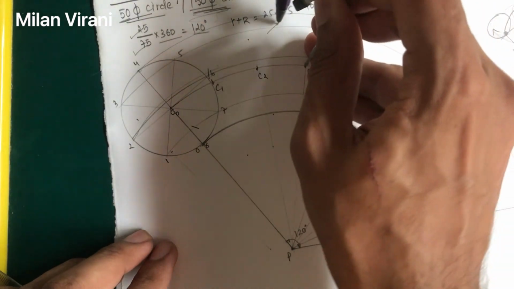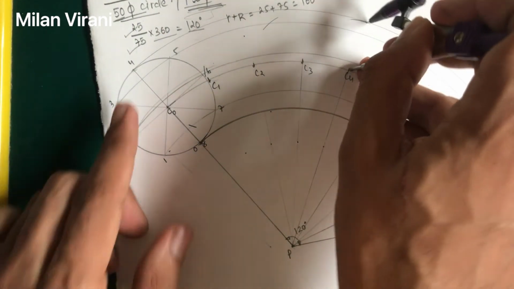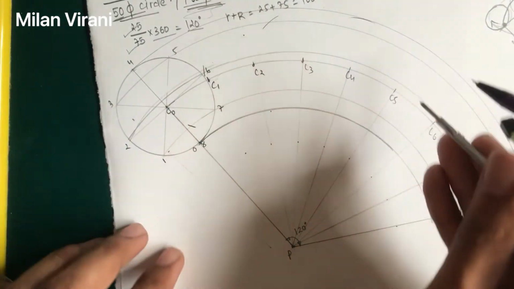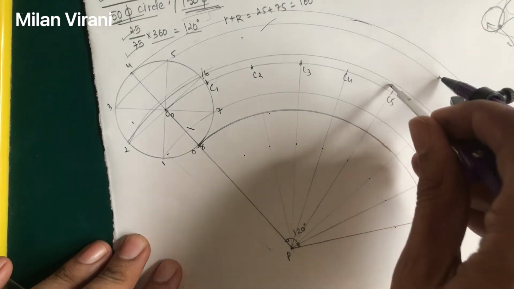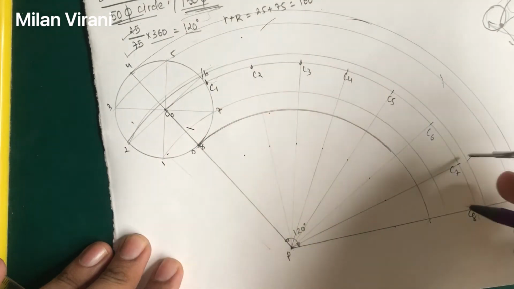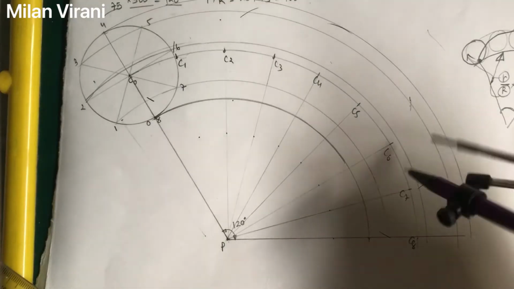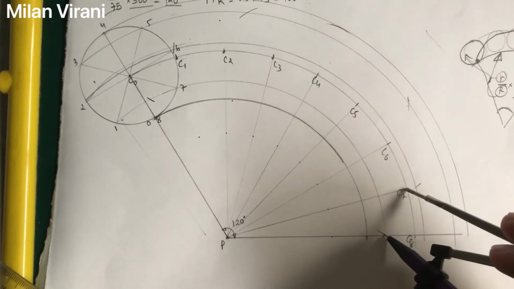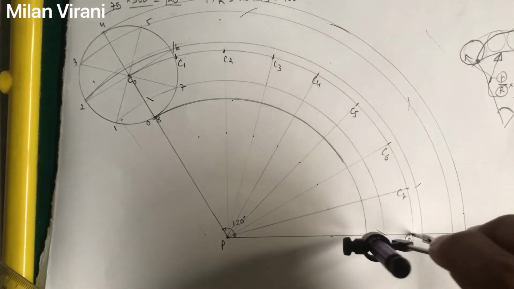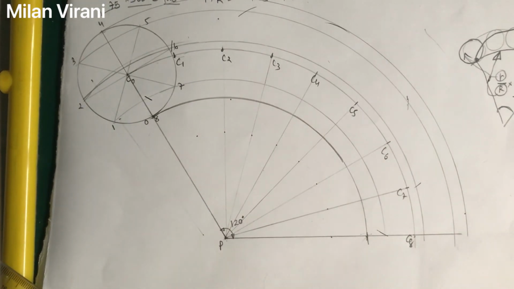Then center 3, likewise center 4, and top, because 4 is situated at the top. Then 5 and 6, then 7 and finally it's at the base. Finally the C7 arc will be this one, and finally C8 at the bottom. So this one is the perfect bottom arc.